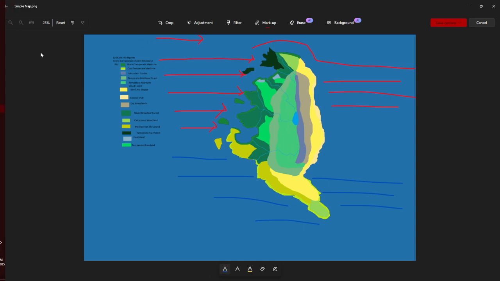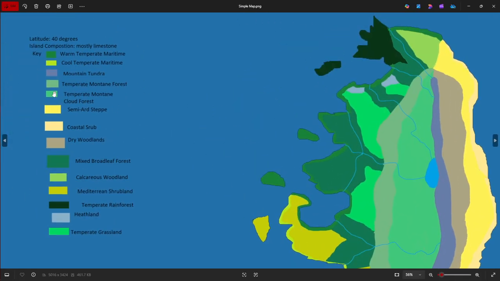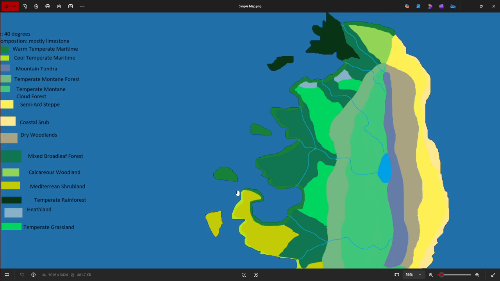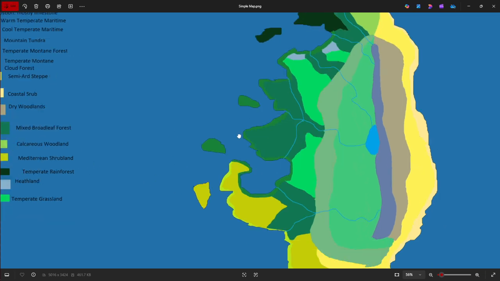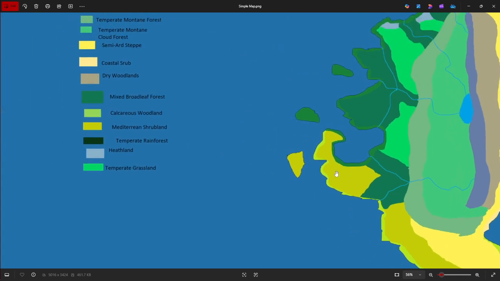We have all this wind going east, and it's depositing a lot. It doesn't like to rain in this kind of drier Mediterranean shrubland.